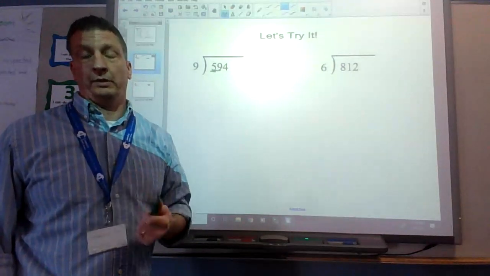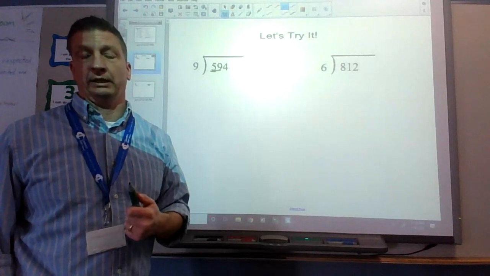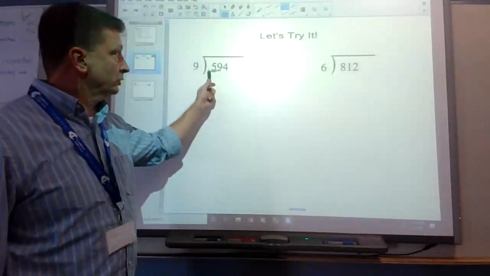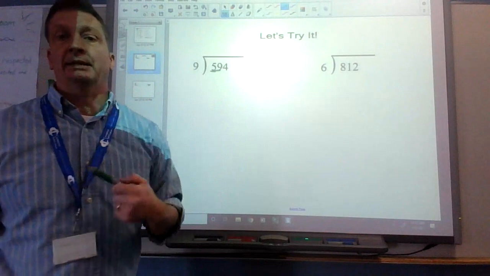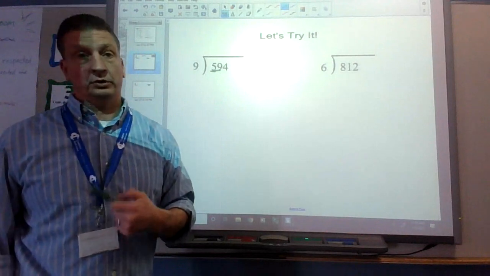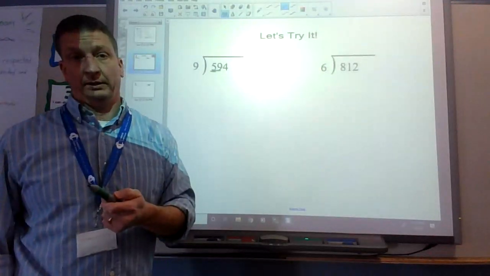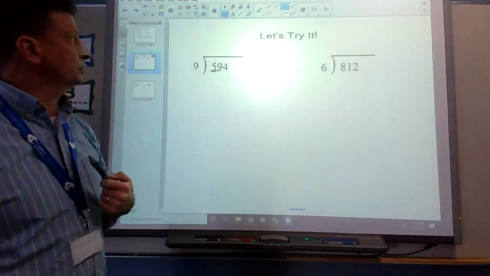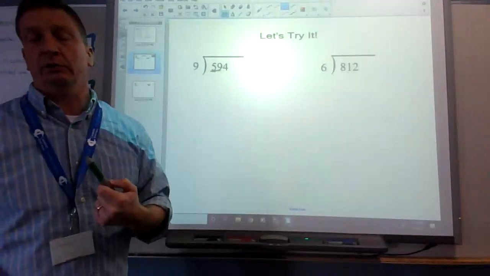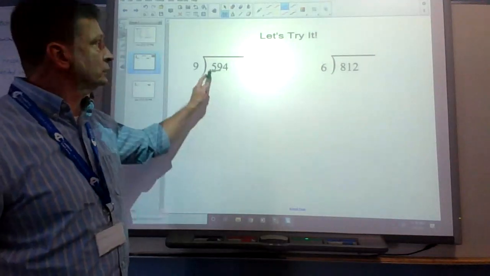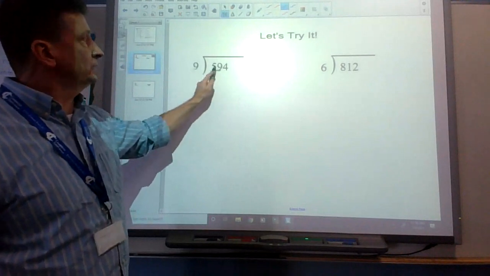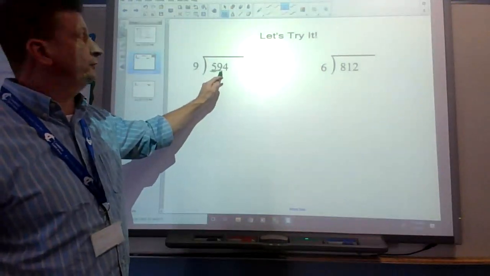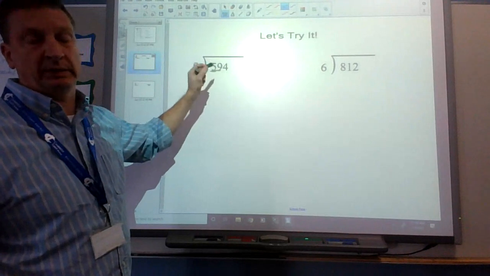If you know your math facts, you know that 9 times 6 is 54, which is very close. 9 times 7 is 63, which is close, but it's too big. So we have to make sure that we get as close as we can without going over. So I know that 59 divided by 9 is going to be 6.